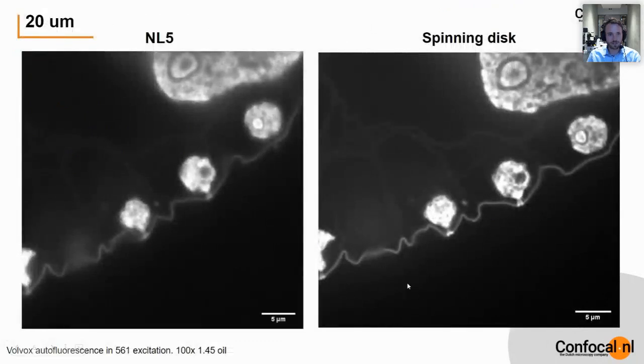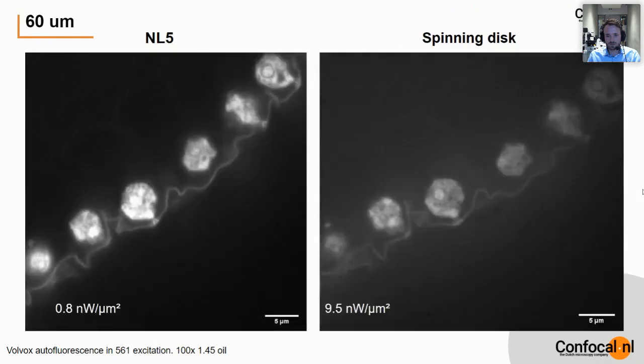Now look at these fine lines that are now 80 micrometers inside, even 90 micrometers. So here we see the difference of the NL5 performance versus a spinning disk microscope. This is 20 micrometers inside the sample. In this case, image quality is more or less the same, but as mentioned, the pinhole crosstalk issue appears when you start to go deeper in the sample. So here you see the same spot, but 60 micrometers in. And you see here, it's of course more blurry than on the left side.